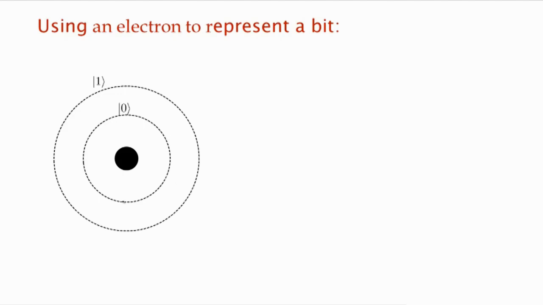The electron is allowed to either be in the ground state or in the first excited state, which we'll now call the excited state. So we could encode the bit by saying that the ground state encodes for 0 and the excited state encodes for 1.